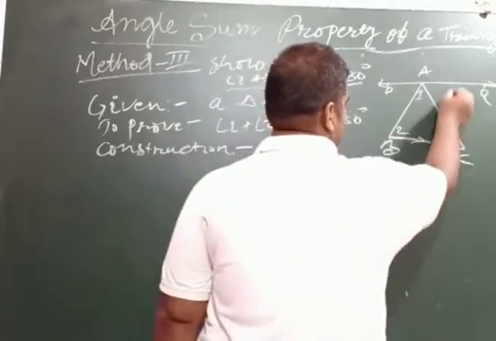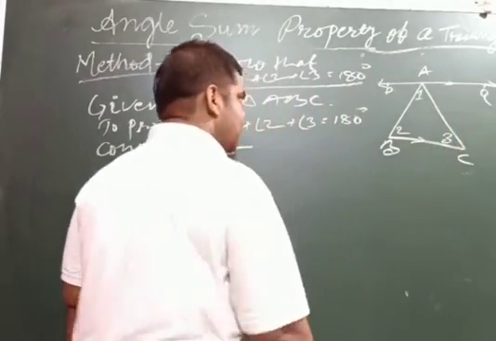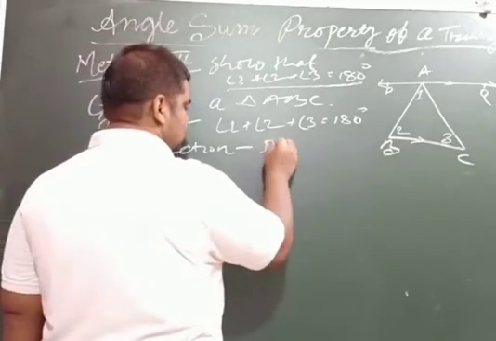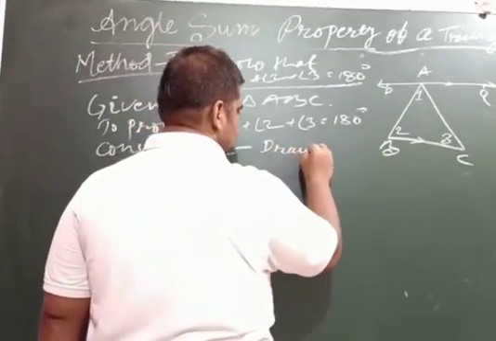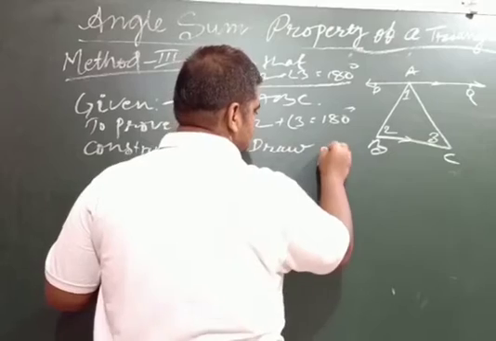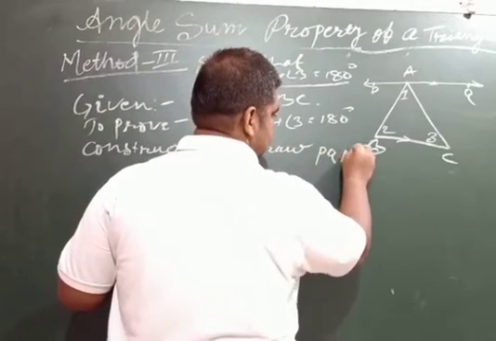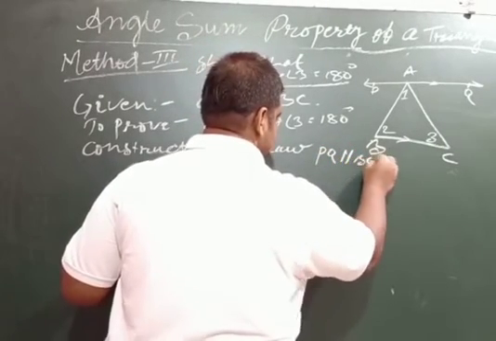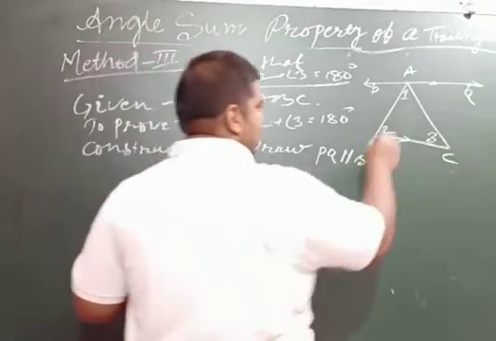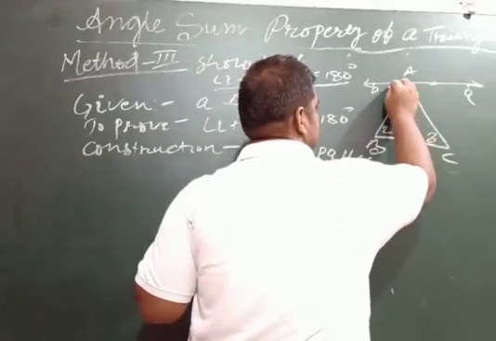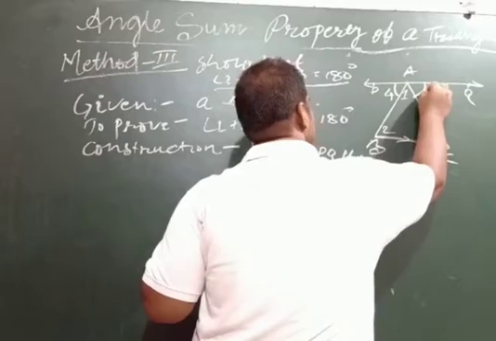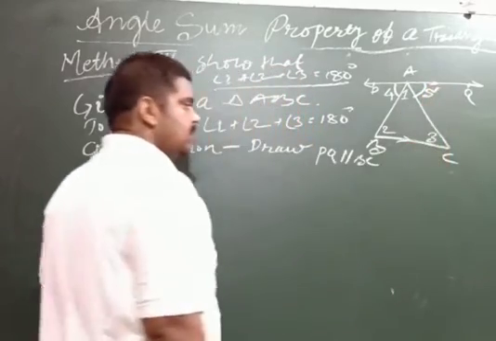Draw PQ parallel to BC, and I mark the angles as 4 and 5.